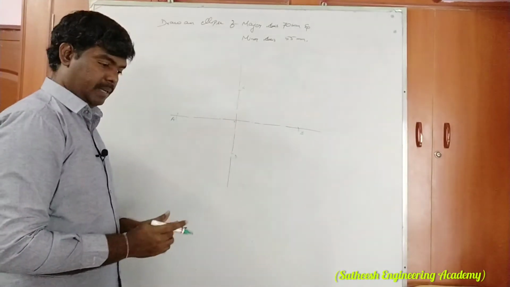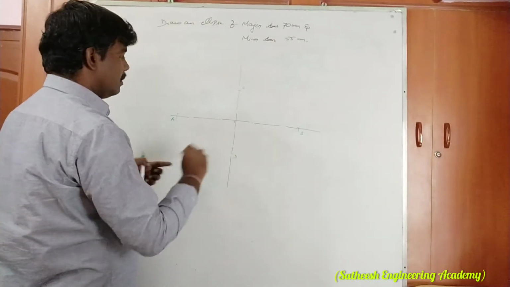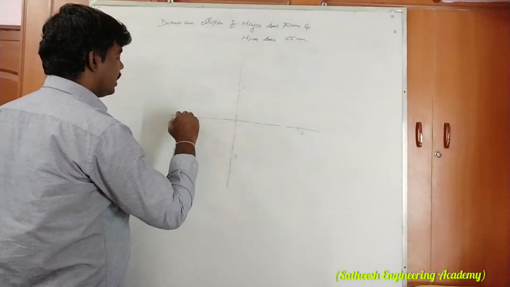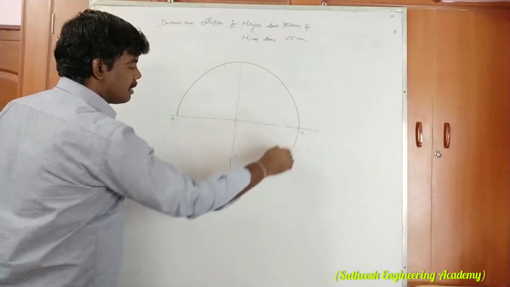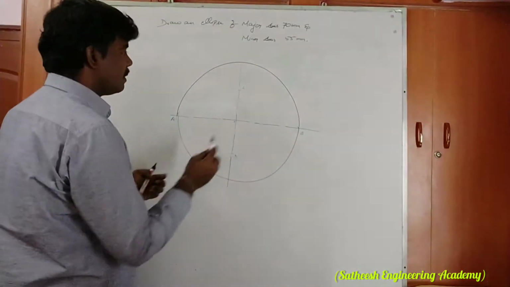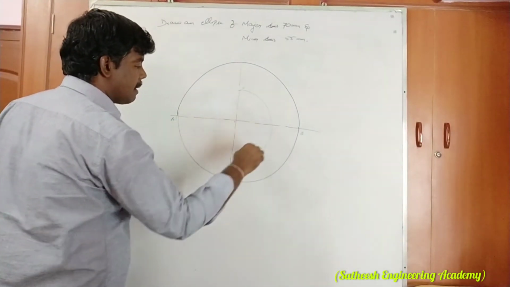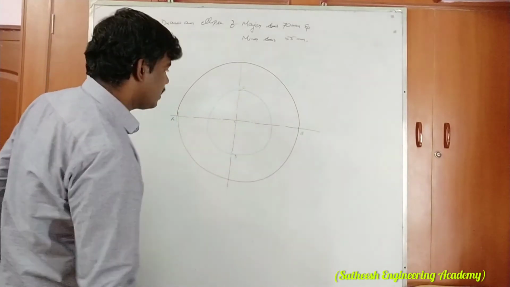Next, you draw one circle with OA as the radius. Next, draw a circle with the minor axis OC as the radius.